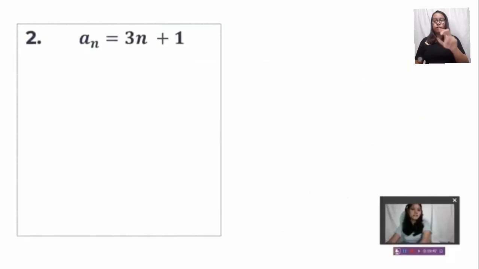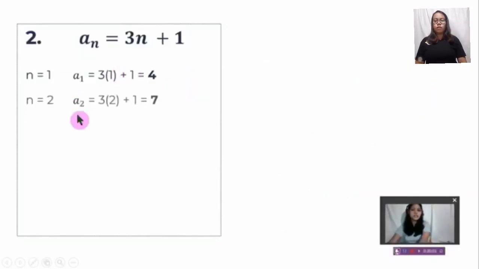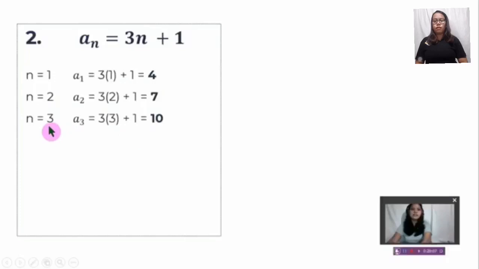For number 2, a sub n is equal to 3n plus 1. Let's try first with n is equal to 1. So a sub 1 would be 3 times 1 plus 1. So that is 4. For n is equal to 2, our a sub 2 would be 3 times 2 plus 1. So that is 7. For n is equal to 3, our a sub 3 would be 3 times 3 plus 1.